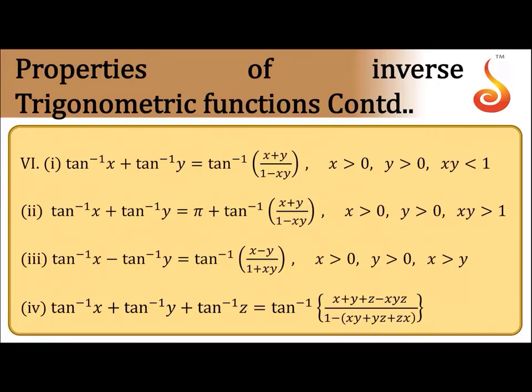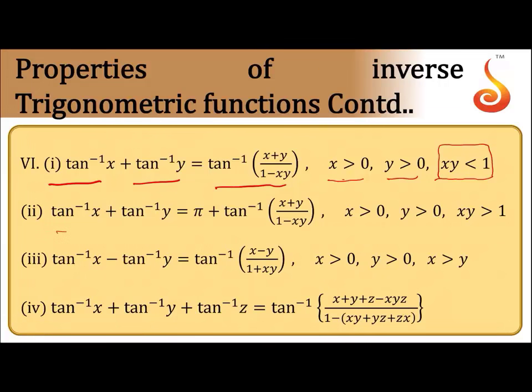Let's consider some of the important inverse trigonometric identities related to compound angles. One important one: tan inverse x plus tan inverse y equals tan inverse of x plus y by 1 minus xy, provided x is positive, y is positive, and xy is less than 1.